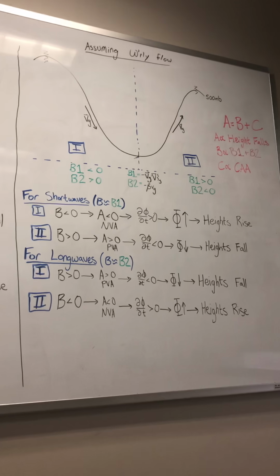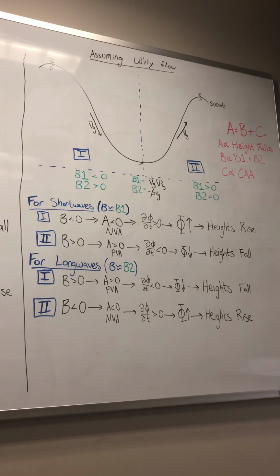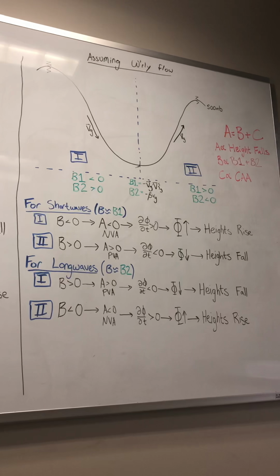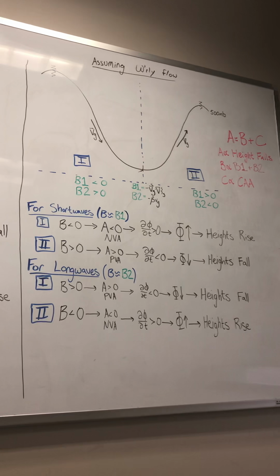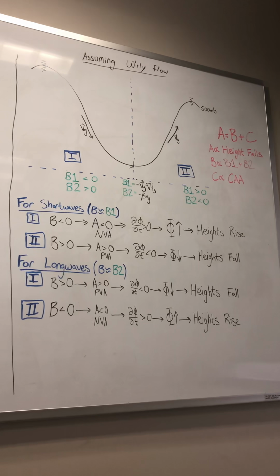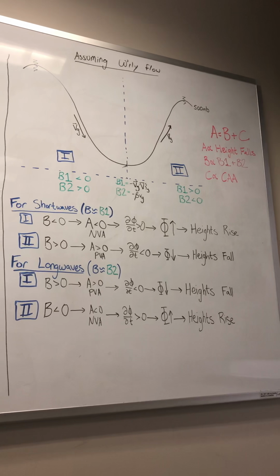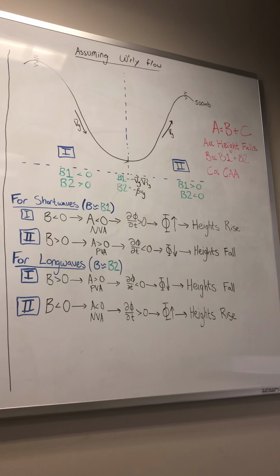For the B term, we will look at 2 different regions, which I have labeled as region 1 and region 2, upstream and downstream of a 500 millibar trough. We will see that B1, the relative vorticity advection term, is negative upstream of the trough and positive downstream of the trough.